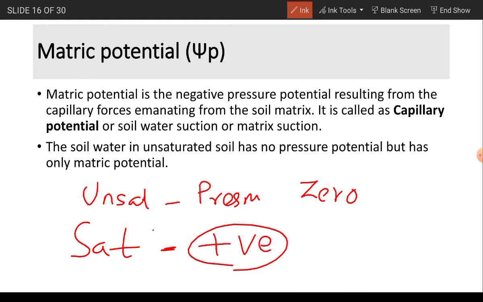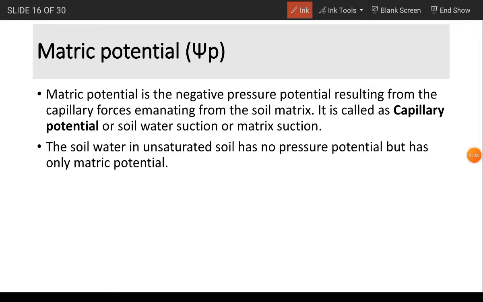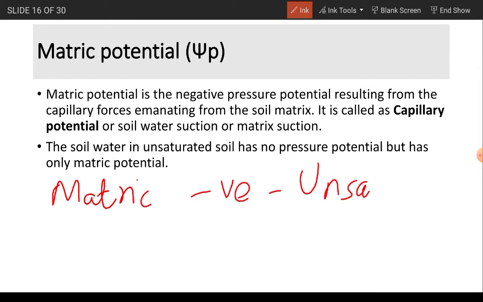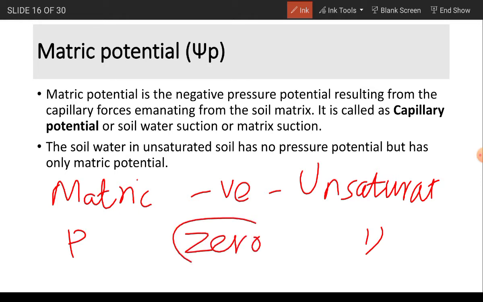When it comes to matric potential, it is negative for unsaturated soil. But pressure potential for unsaturated soil is zero, because there is no water movement. There is no standing water in unsaturated soil, as the name indicates, right?